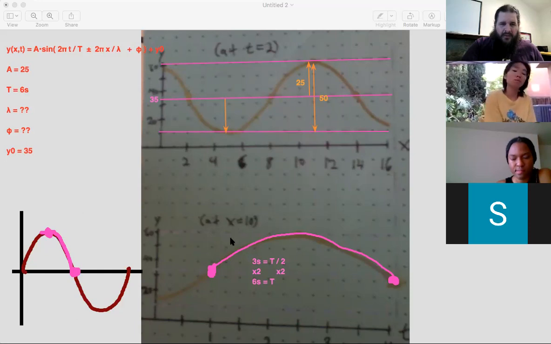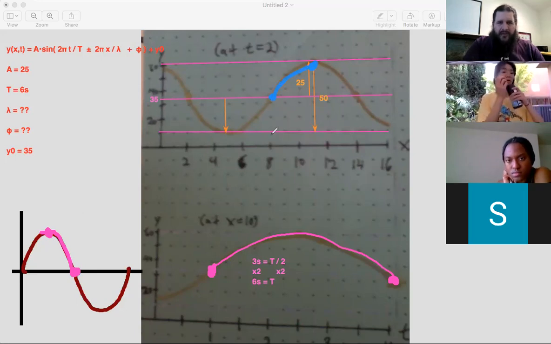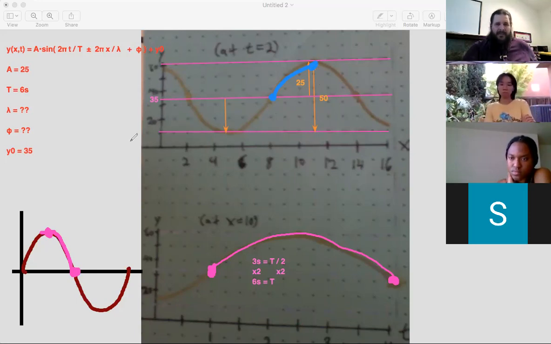If we go exactly a fourth of a cycle from equilibrium up to a crest, it looks like that's going from 8 meters to halfway between 10 and 12, so from 8 meters to 11 meters. So that's 3 meters.